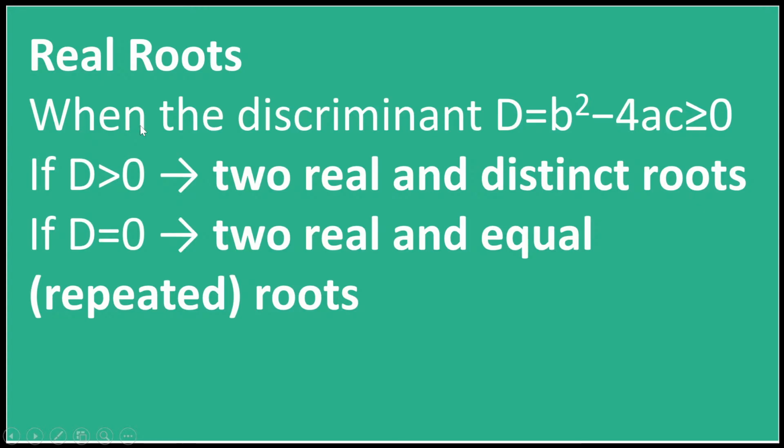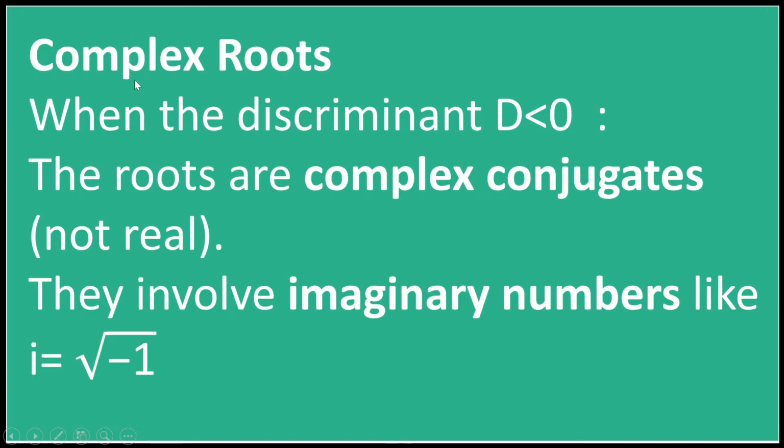So this was all about real roots, and the second one is complex roots. When we find the discriminant D, which is equal to b square minus 4ac, if it is less than 0, it means the roots are complex conjugates, not real, and they involve imaginary numbers, where iota is equal to square root of minus 1.